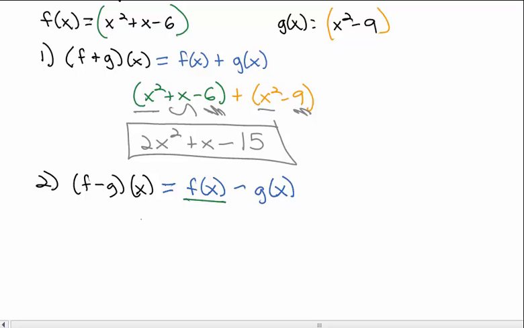So f of x gets replaced with, parentheses again, x squared plus x minus 6. And the g of x gets replaced minus, in parentheses again, with x squared minus 9. And this is important because in this case, the negative is going to distribute through the parentheses.